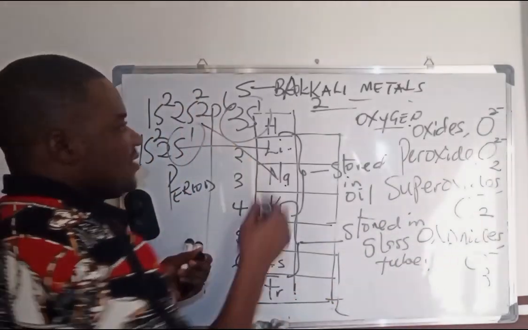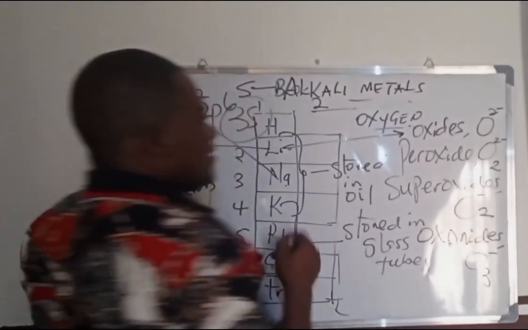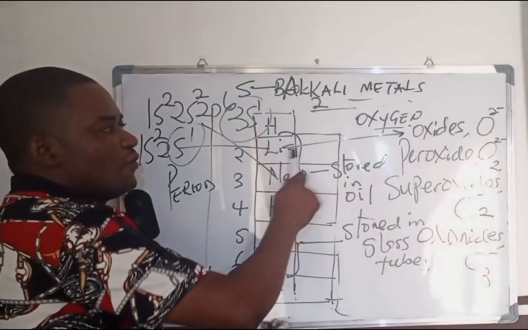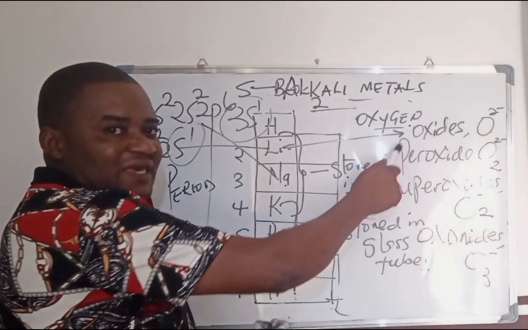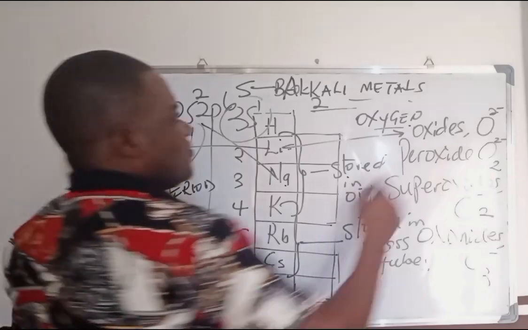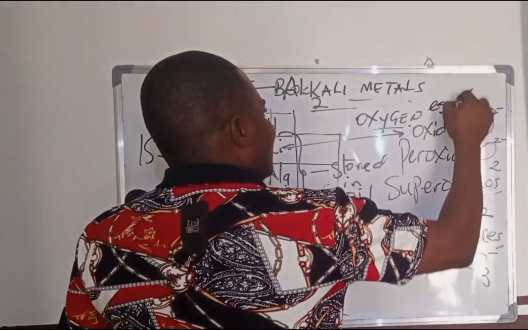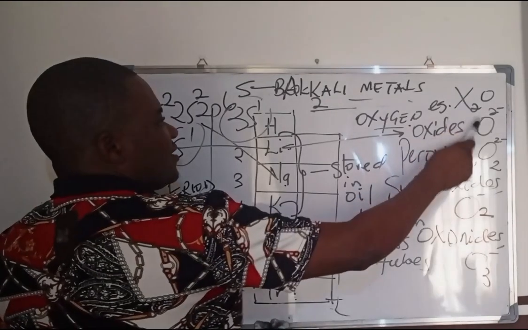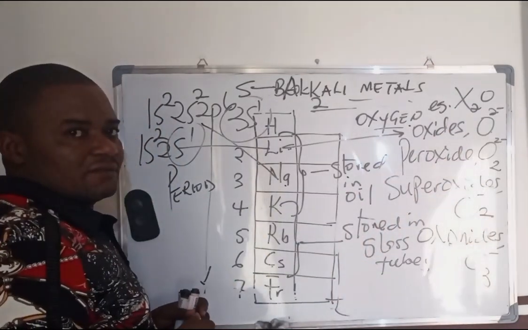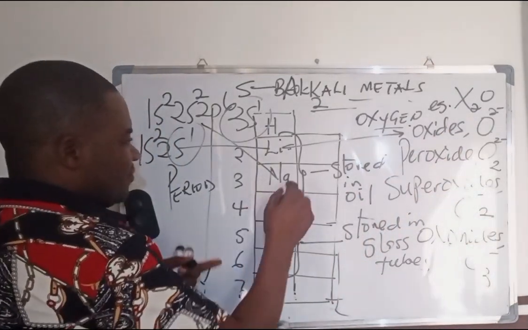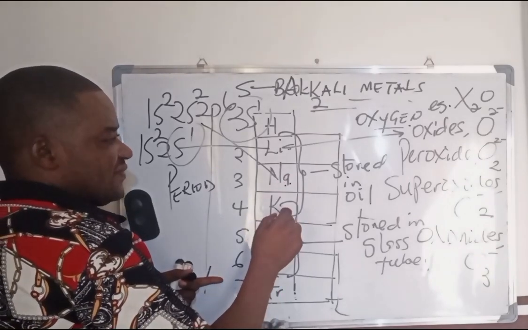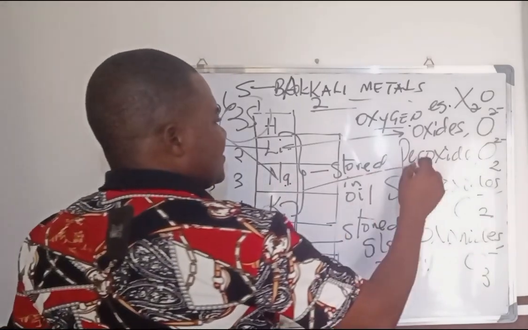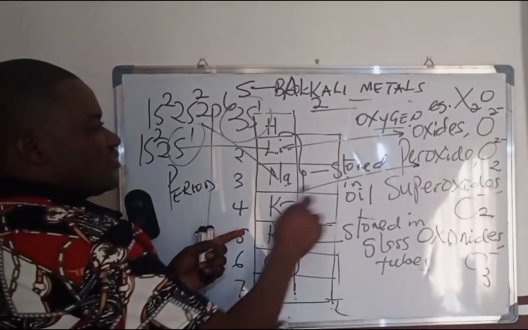Usually, lithium is what forms the oxides, like lithium oxide. Then sodium and potassium form peroxides.